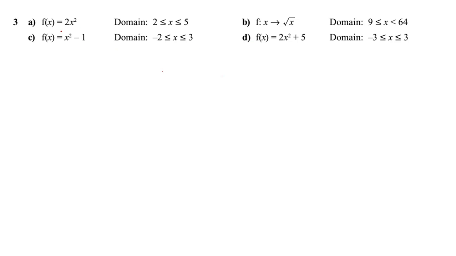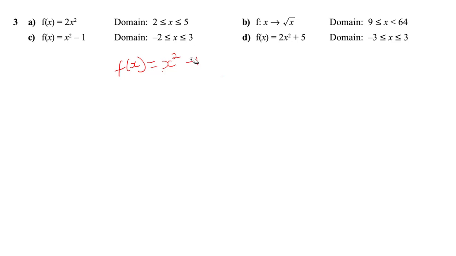With C, I want to do it by sketching it first. So my function here says f of x is equal to x squared minus 1. If you've done transformations, I want you to think about this x squared being my main function, and what's happening is that I'm taking away 1 from it.